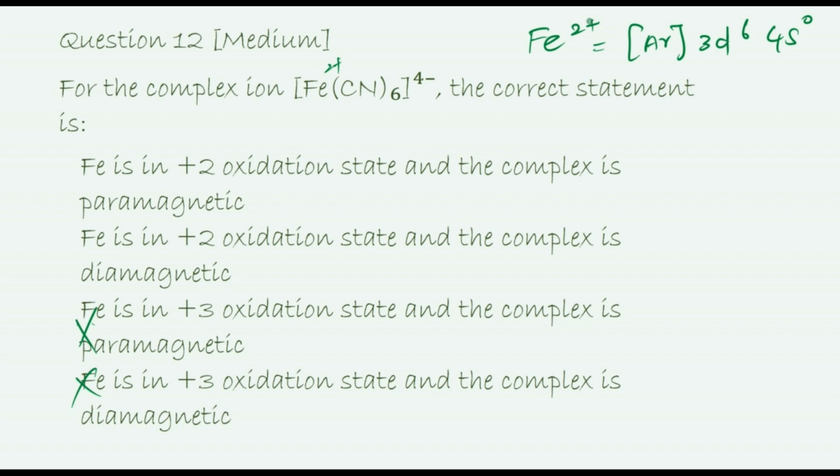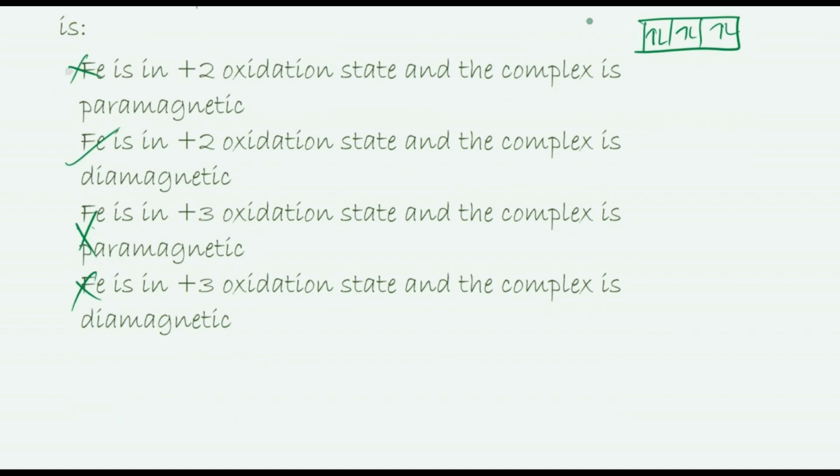Cyanide is a strong field ligand. What will that do? This will cause pairing. If you are taking CFT or VBT, anything works here. It will pair up the electrons so that it is diamagnetic, not paramagnetic, because of the strong field cyanide ligand.